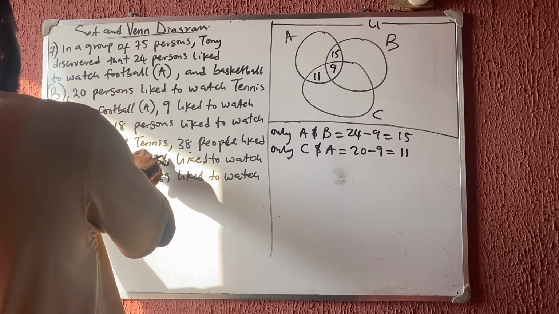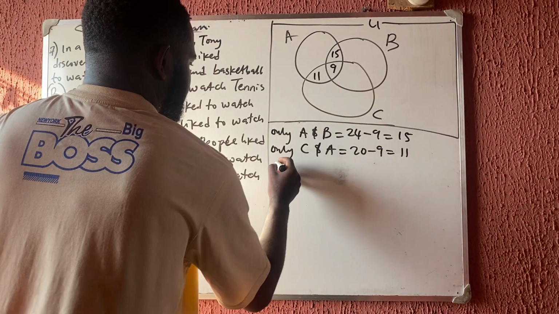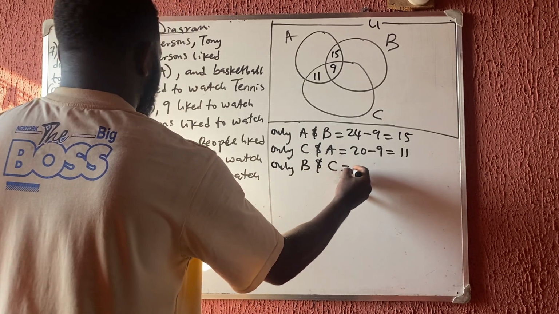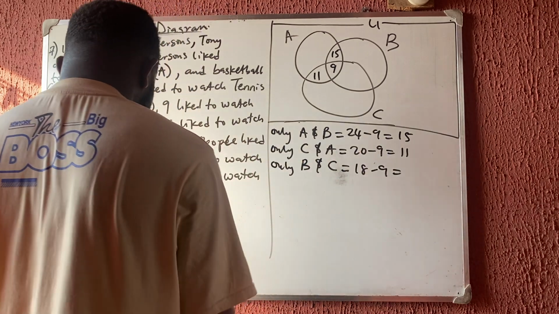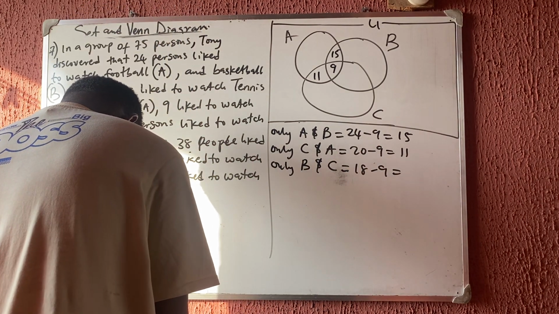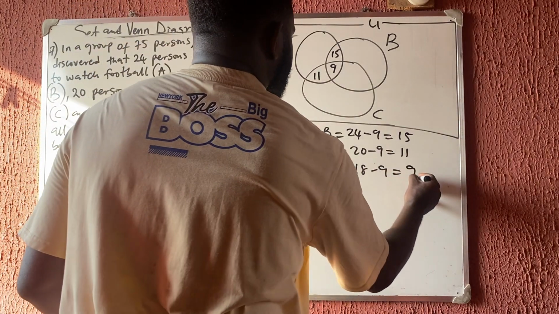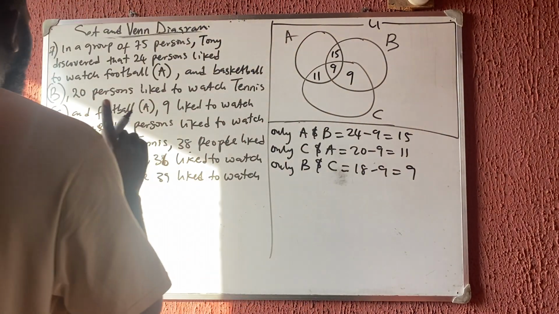So basketball is B, so B and C. They want to confuse you. So only B and C will now be what? 18 minus 9. Don't allow them confuse you. 18 minus 9, which is 9. So here is 9.